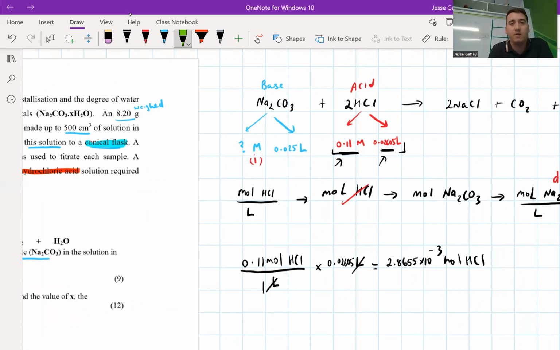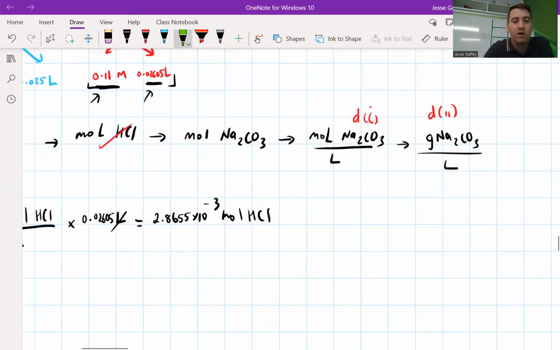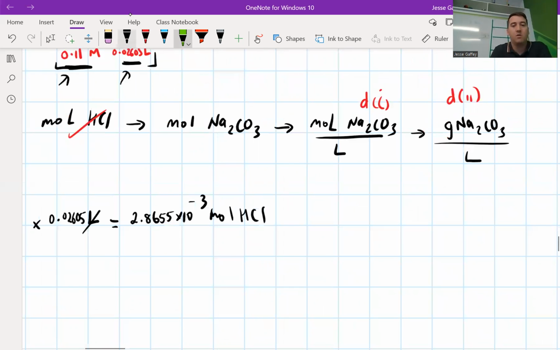So the next thing to do is think about your ratio. There's 1 mole of Na2CO3 for every 2 moles of acid. So back down here, how do we convert from moles of HCl to moles of Na2CO3? Well, I want to cancel out moles of HCl. So set up your conversion factor, moles of HCl to moles of Na2CO3.